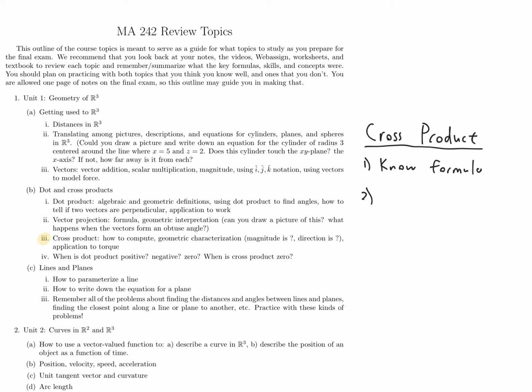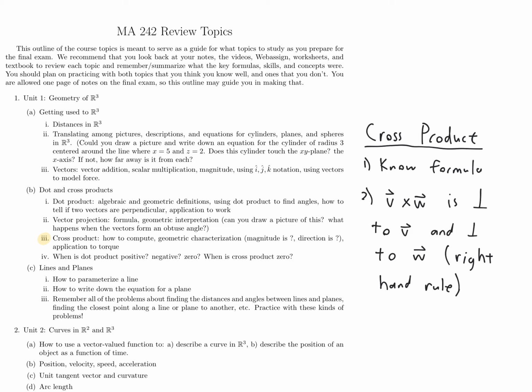So the most important thing to know is that v cross w is orthogonal, so perpendicular to v and perpendicular to w. So this tells you what the direction of the cross product is going to be. It doesn't quite, because there are two directions that are perpendicular to both v and w, but you can use the right-hand rule to decide which of the two, and I'll have you look up what that means if you don't remember.